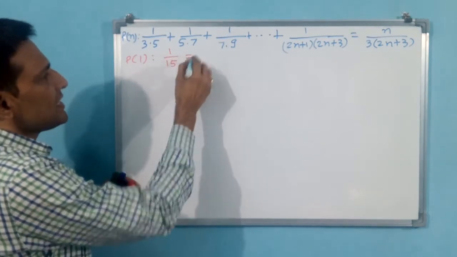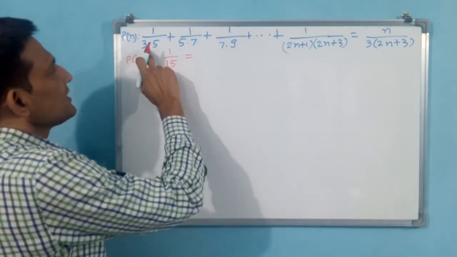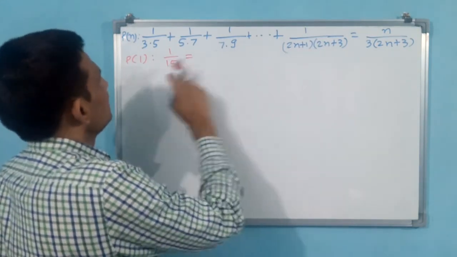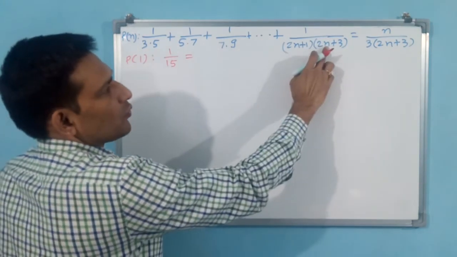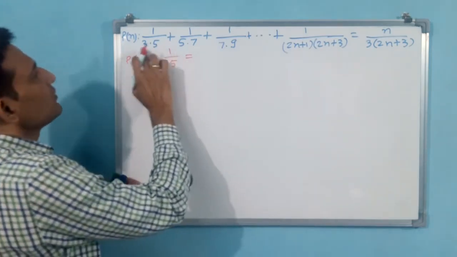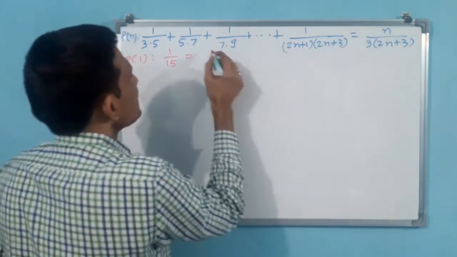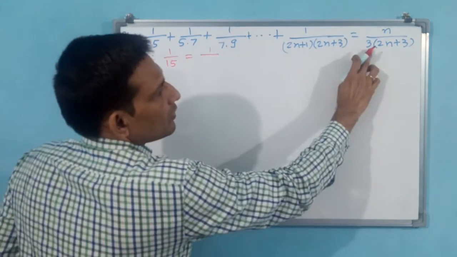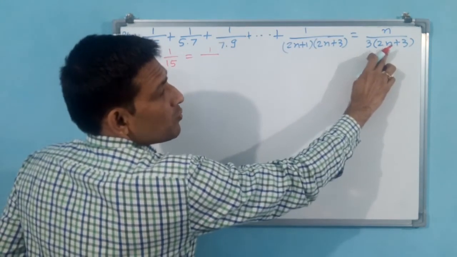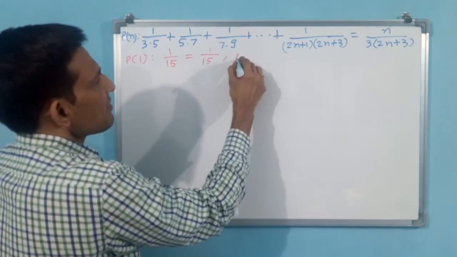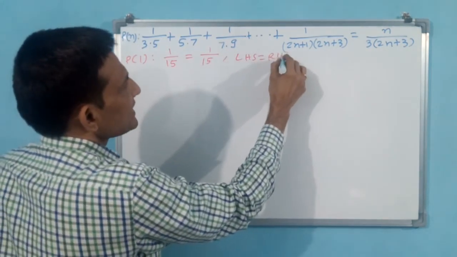But even then I will see here by substituting n is equal to 1: 2 plus 1, 3; 2 plus 3, 5; 3 into 5, 15. Now go for RHS. 1 by 3 into 2 into 1, 2 plus 3, 5 into 3, 15. 1 by 15 is equal to 1 by 15. LHS is equal to RHS.